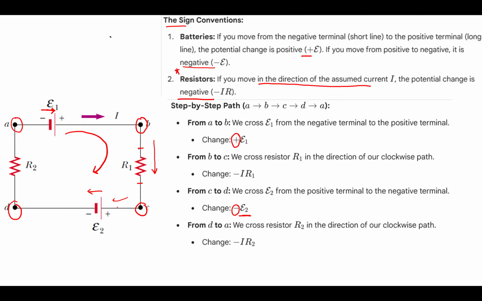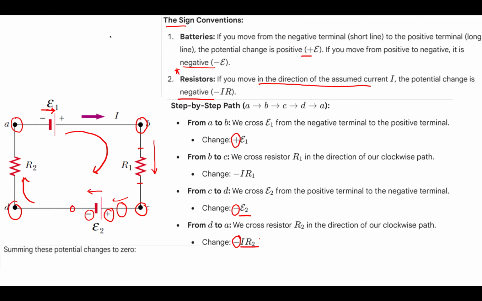In other words, this part is at a higher potential than this part. From D to A, we have a resistance, and this direction gives minus I R2.